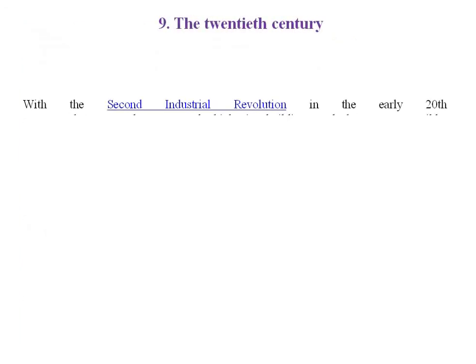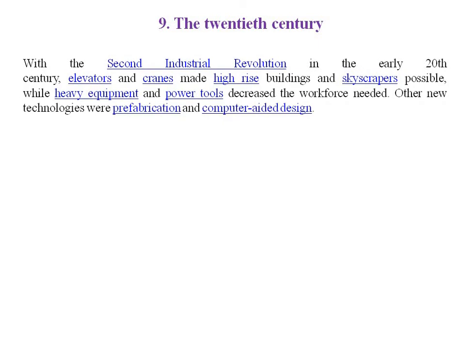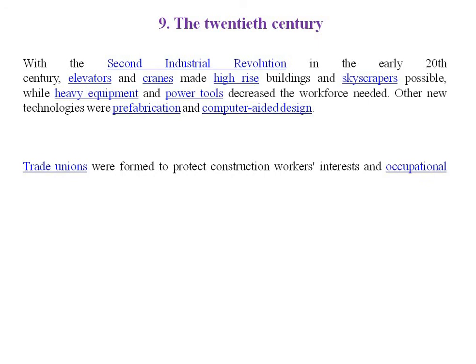The 20th century. With the second industrial revolution in the early 20th century, elevators and cranes made high-rise buildings and skyscrapers possible, while heavy equipment and power tools decreased the workforce needed. Other new technologies were prefabrications and computer-aided design.